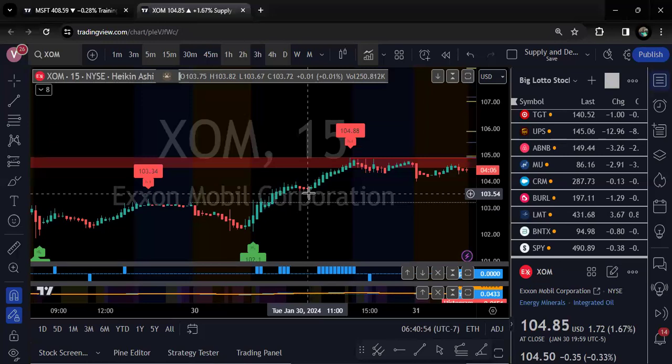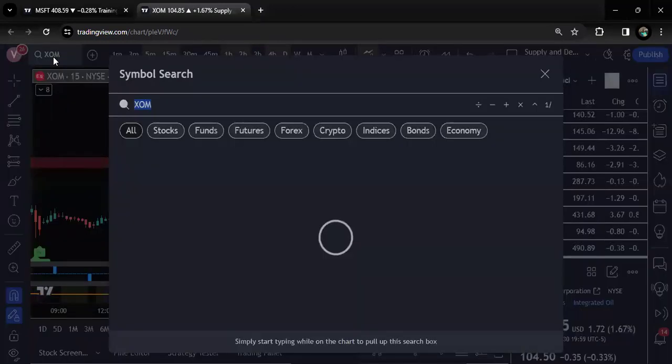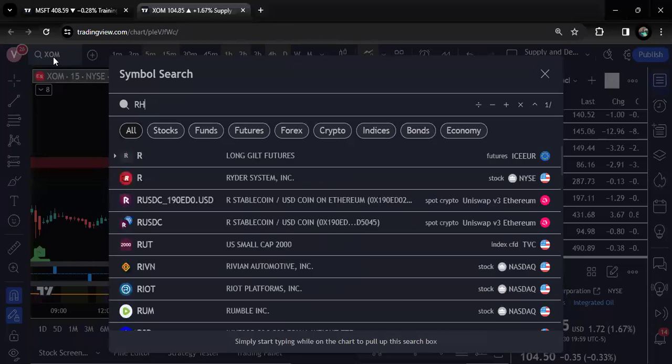Now, if nothing is happening to that stock, I'll show you guys an example of RH.